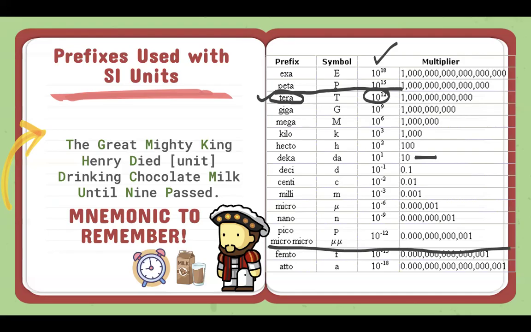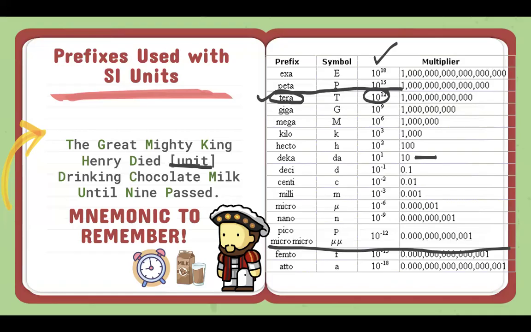The is for tera, great is for giga, mighty is for mega, king is for kilo, Henry is for hecto, deca, died is for deca, and the unit here represents where we stop before it becomes negative. From drinking chocolate milk until 9 past, all of those are negative. So all you have to do is to memorize the mnemonic and you're good to go in using the prefixes.